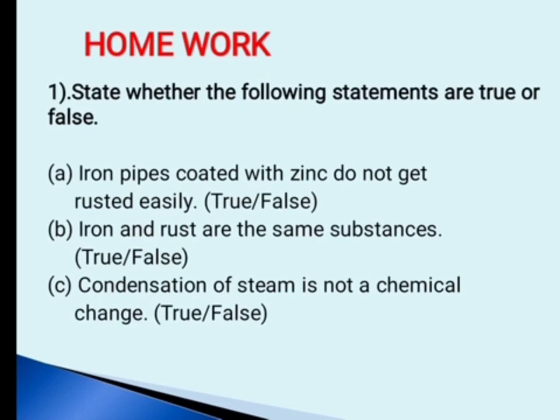Now come to your homework. State whether the following statements are true or false. First statement is, iron pipe coated with zinc does not get rusted easily. Is it true or false? You have to choose the correct answer. Second one is, iron and rust are the same substance.